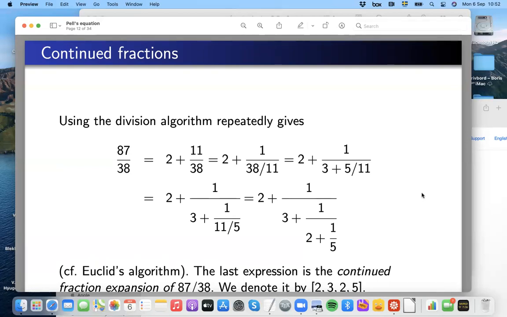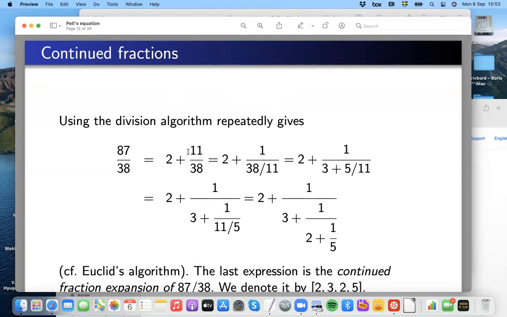Okay, but now how do we think about continued fractions is as follows. Assume that you have, say, for simplicity, a rational number bigger than 1, like 87 divided by 38. So you split it into the integer part and the fractional part. So the integer part would be 2.